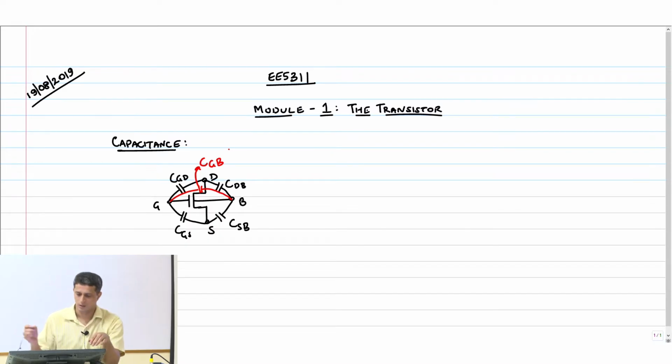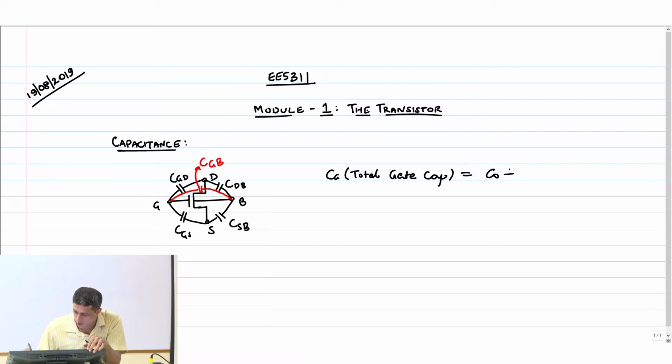Okay. So we said that the total gate capacitance CG is basically what?